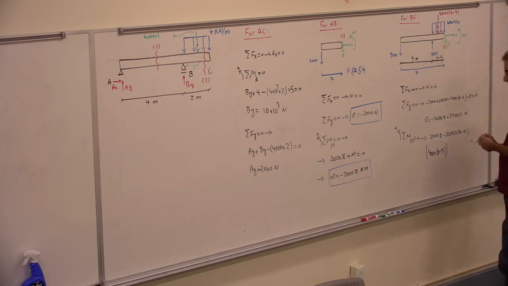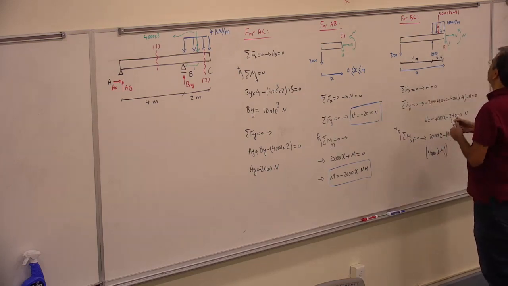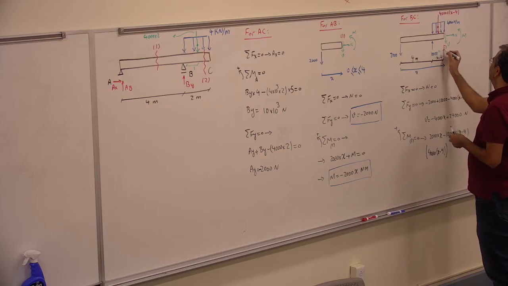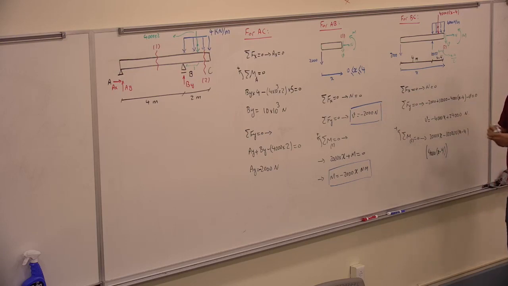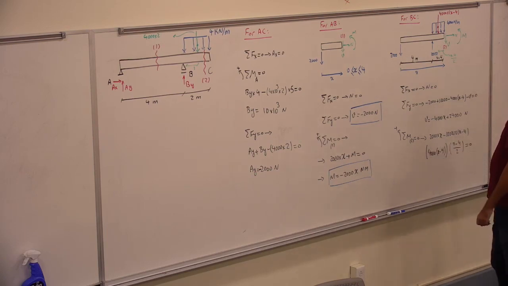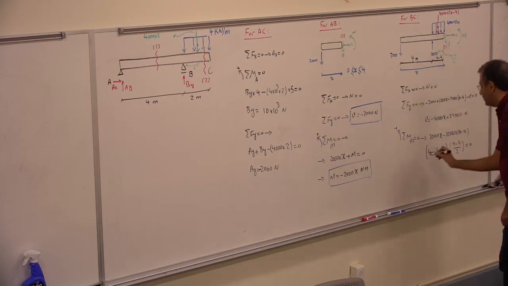Yeah, so that would make sense. That distance is x minus 4 divided by 2, since this is half of that x minus 4. It's going to be x minus 4 divided by 2, and the sum should be 0. It's going to be this plus or minus.